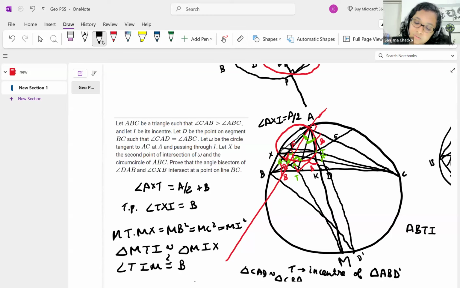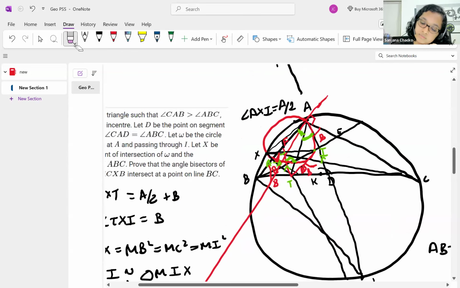Like, okay, you know this angle is B. Yeah, you know this angle is B. And okay. So you want to show that that's equal to B. Okay, so we want ABTI cyclic, right?